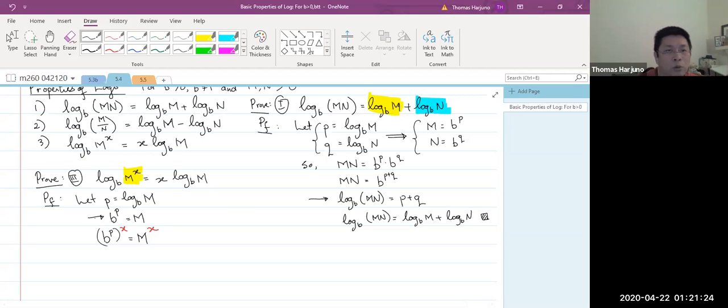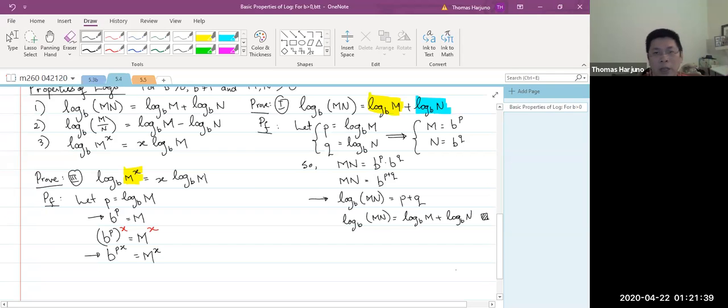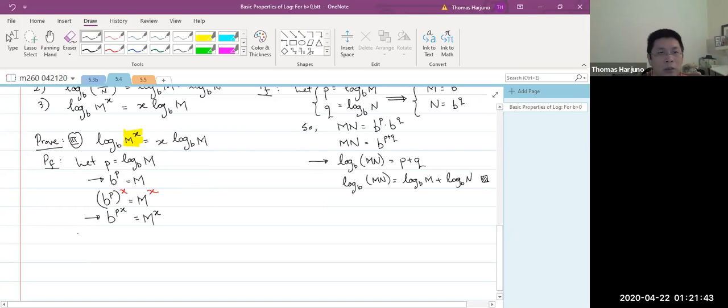By power rule, we know b to the p to the x is basically b to the px. By power rule. Now I change that back into log form. So log base b of m to the x equals px.